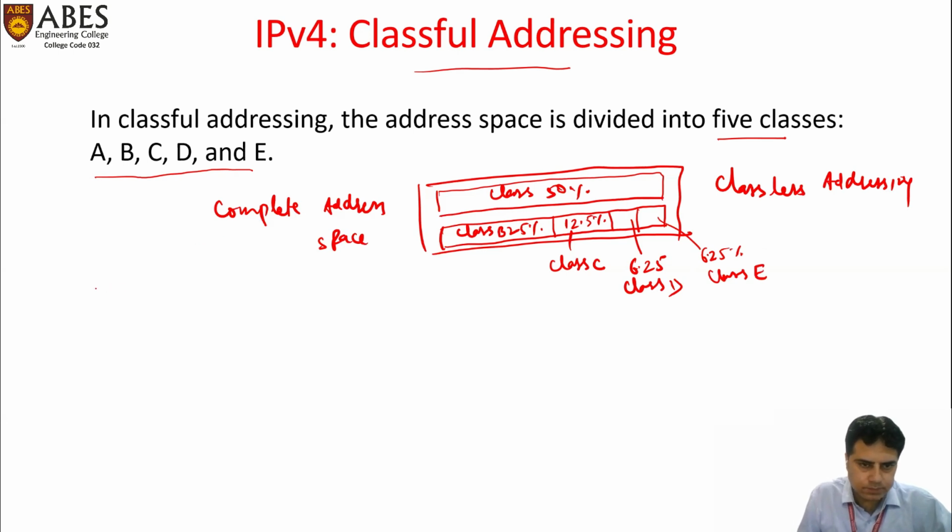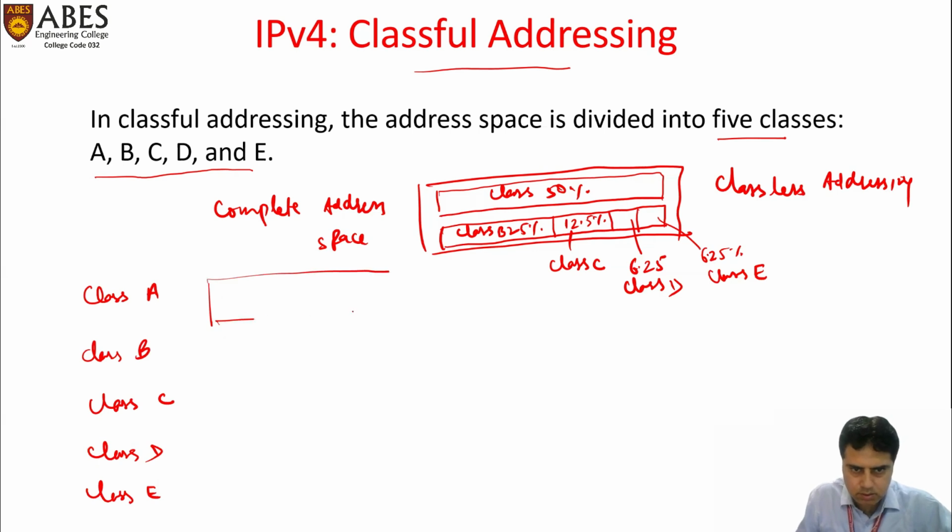So how do we calculate the range of class A, class B, class C, and class D? For class A, initially an 8-bit block is used for the network address.